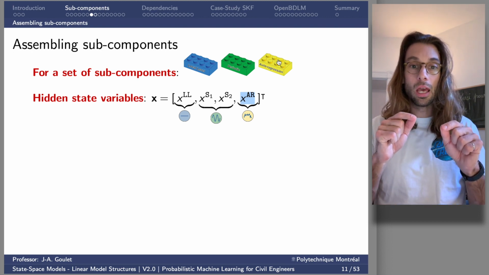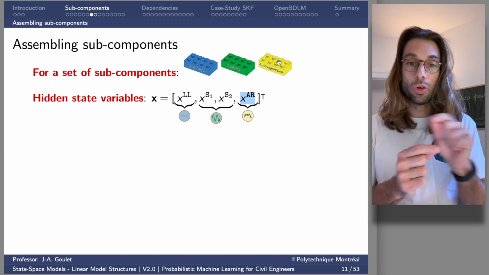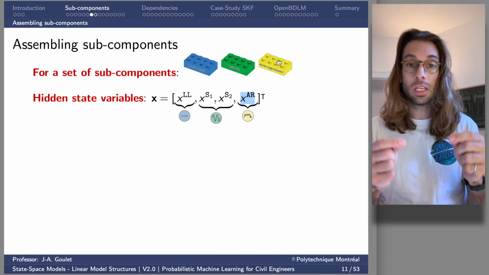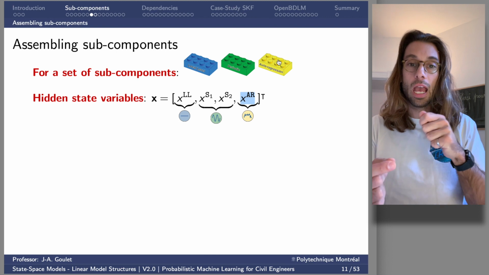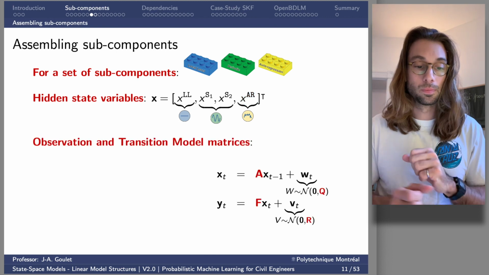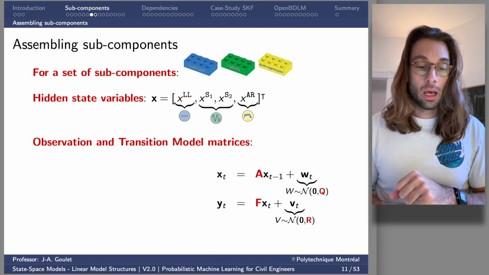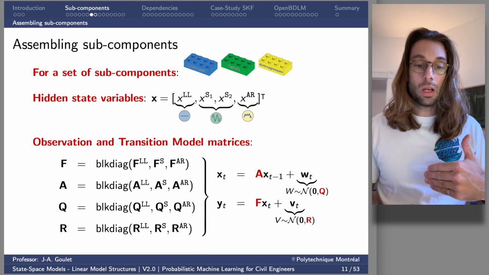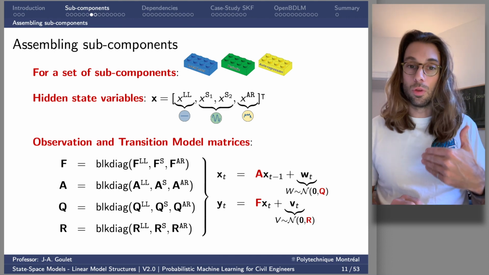Here, the order of the hidden state variables or the components is not important, as long as you're consistent in building your matrices and reorganizing your matrices A, C, Q, R, etc. Then for the observation and transition model matrices, A and F, you're going to do the same thing.